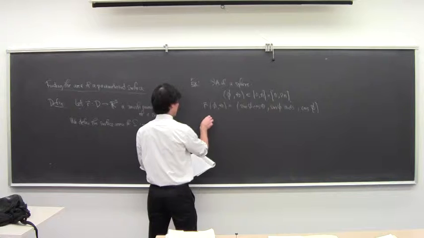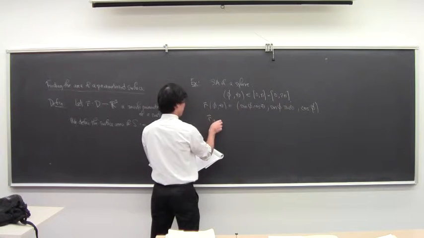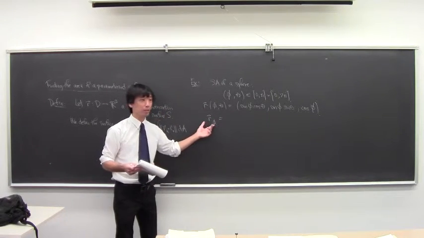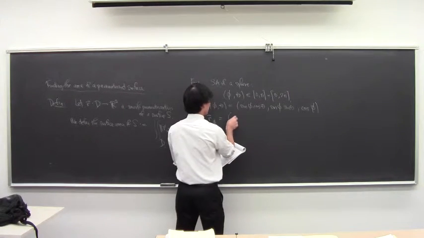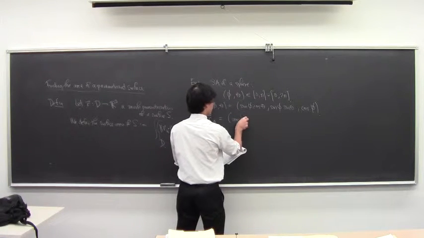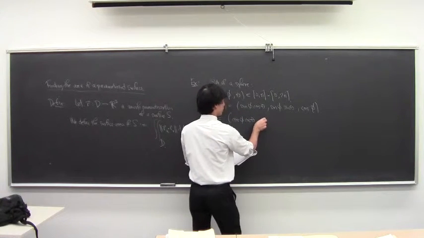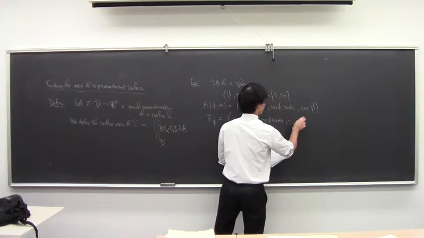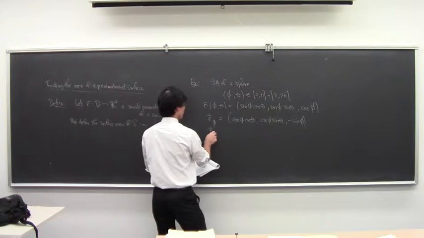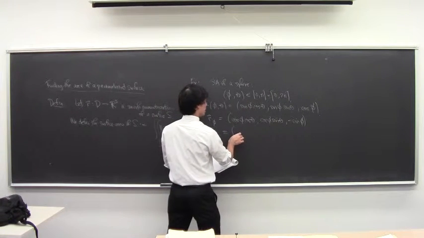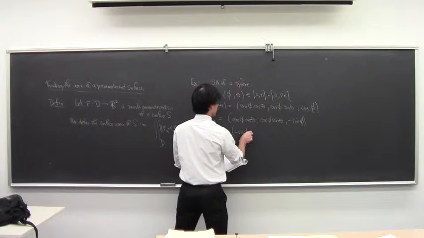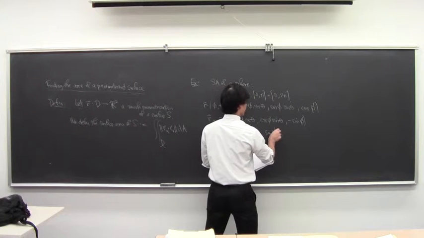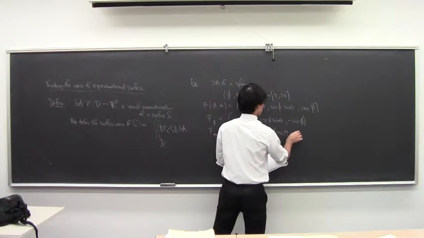And so we'll take the tangent vector by taking the partial with respect to the first variable, and you get cosine phi cosine theta, cosine phi sine theta, negative sine phi. Take the partial with respect to theta, and you get negative sine phi sine theta, sine phi cosine theta, 0.